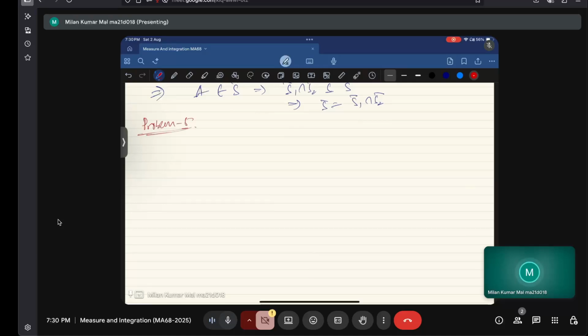What it says: let E be a subset of R, a real number subset.